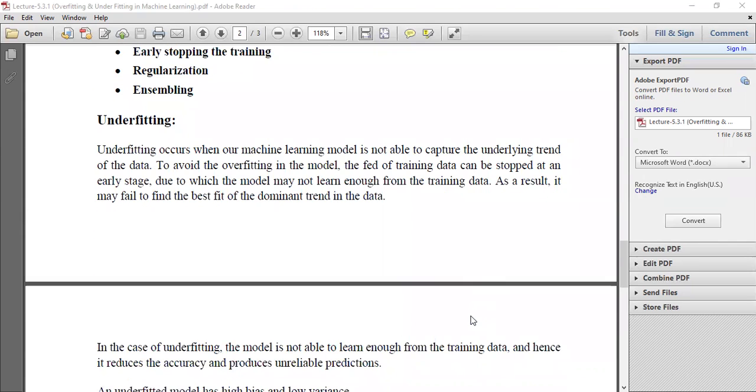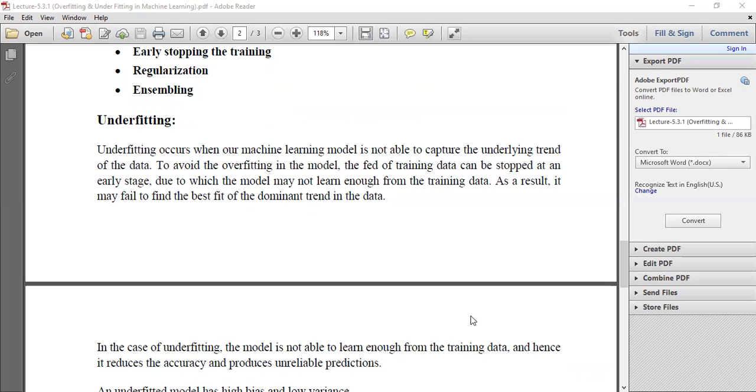Underfitting. Underfitting occurs when our machine learning model is not able to capture the underlying trend of the data. To avoid overfitting in the model, the feeding of training data can be stopped at an early stage, due to which the model may not learn enough from the training data. As a result, it fails to find the best fit of the dominant trend in the data.